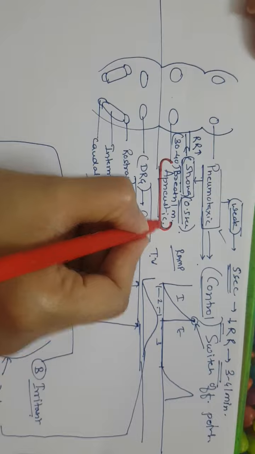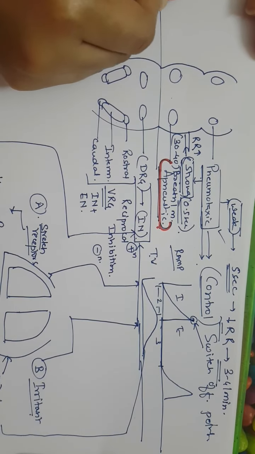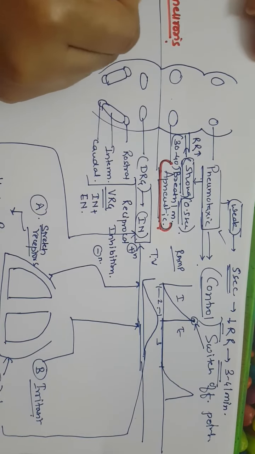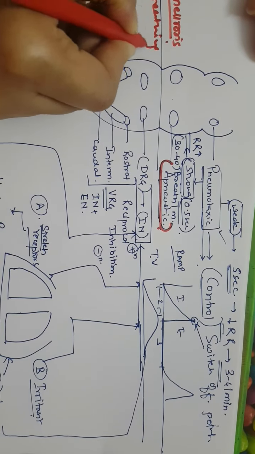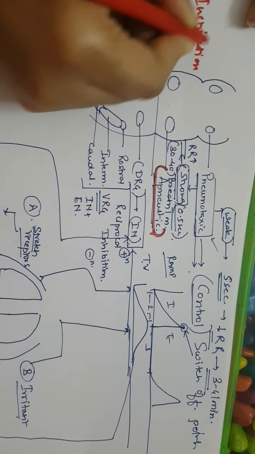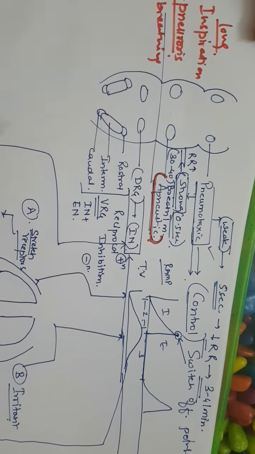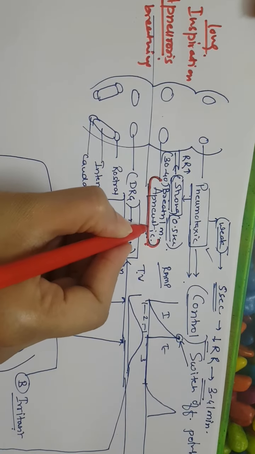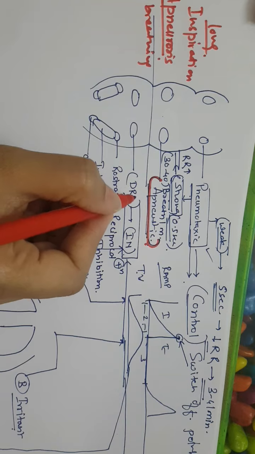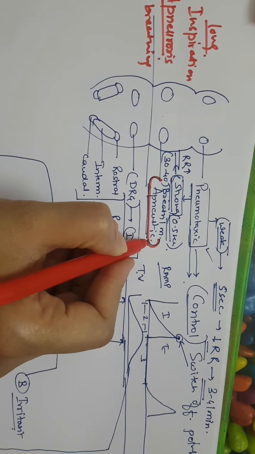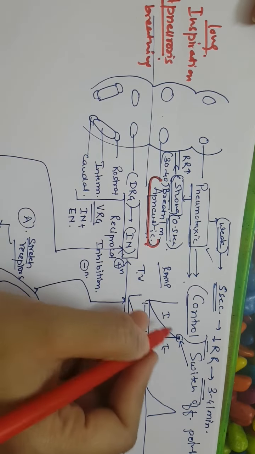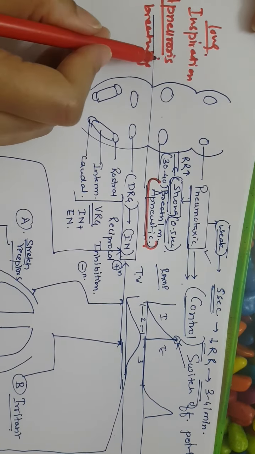Now how does it act via apneustic center? As the name itself suggests, apneusis means prolonged inspiration. So apneustic center controls the DRG. If the apneustic center is stimulated, the inspiration is prolonged. That is called apneusis.